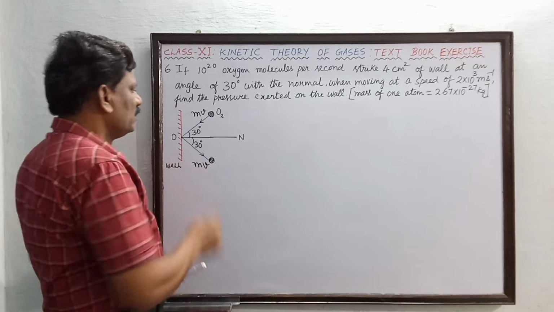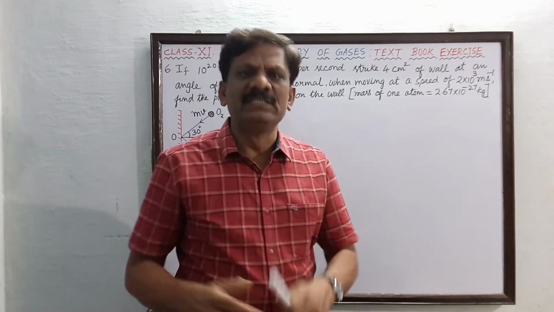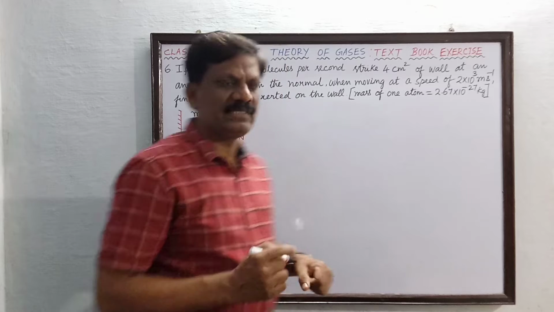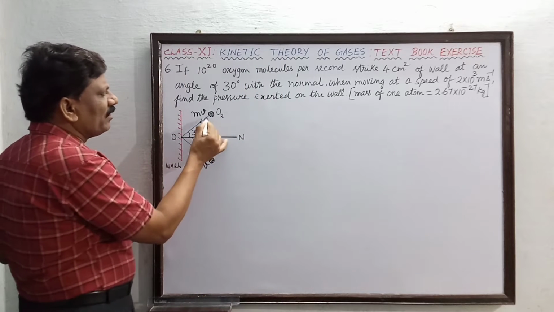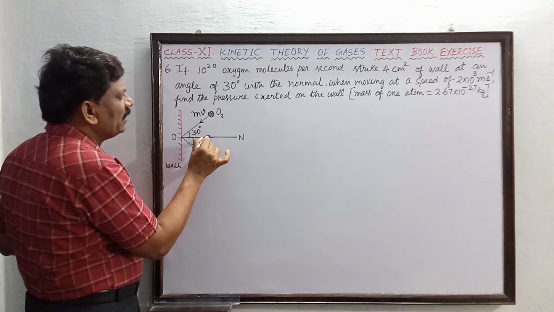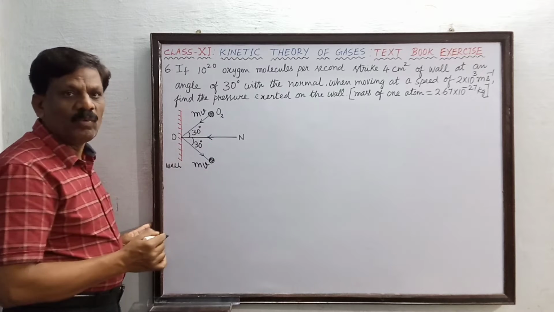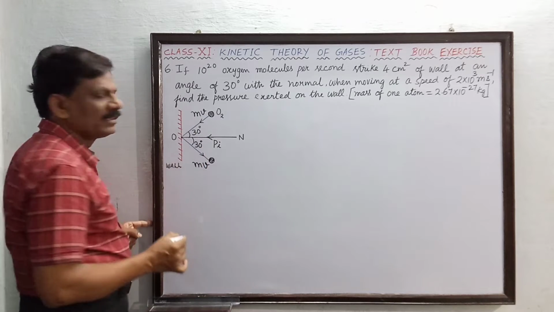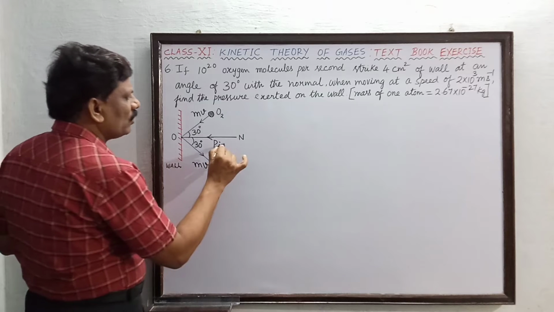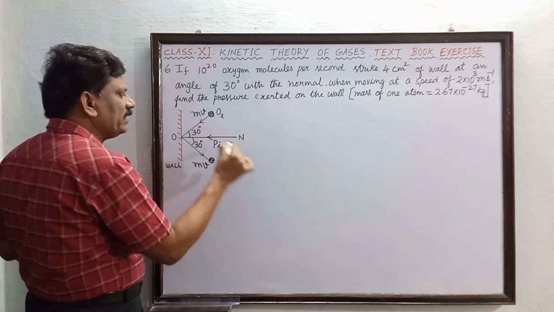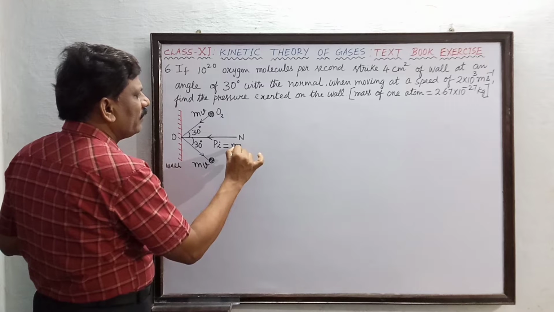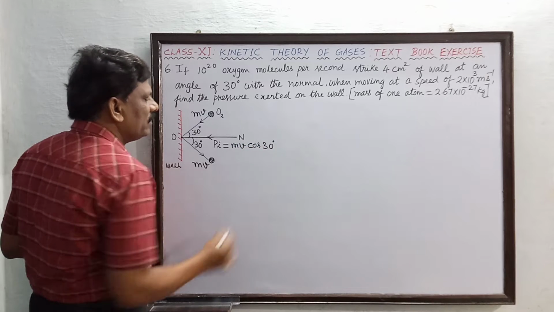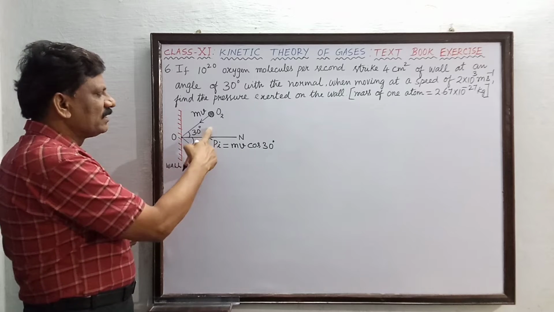Now before collision its momentum mv is resolved into two components. One component of this mv is acting towards the wall, that is P initial along the normal. It is equal to mv into cos of the angle theta, so mv cos 30.